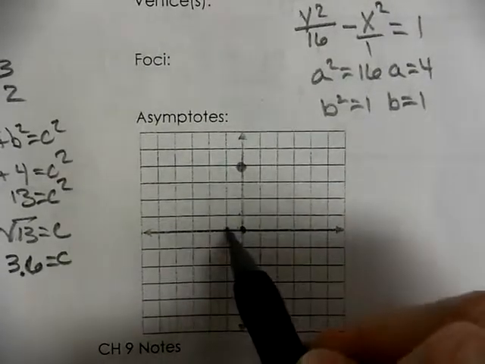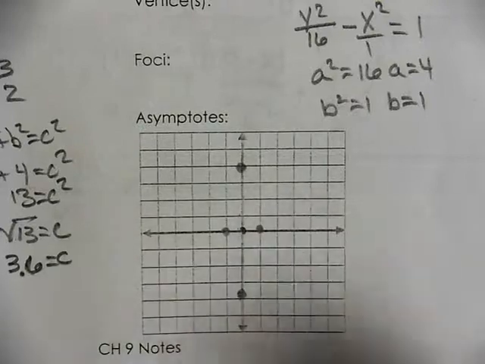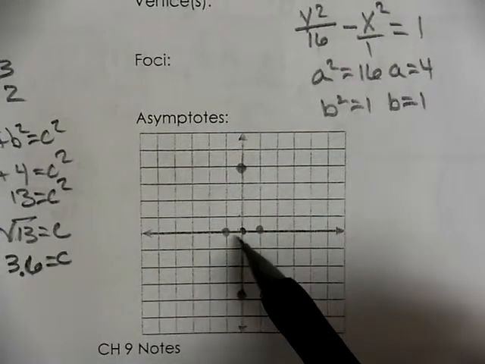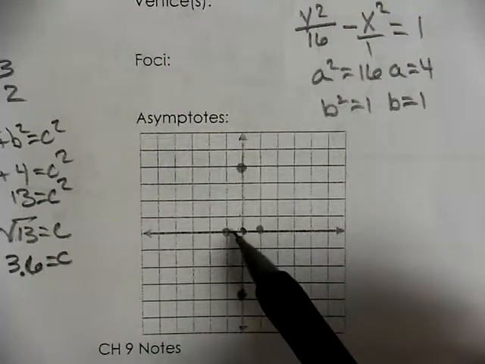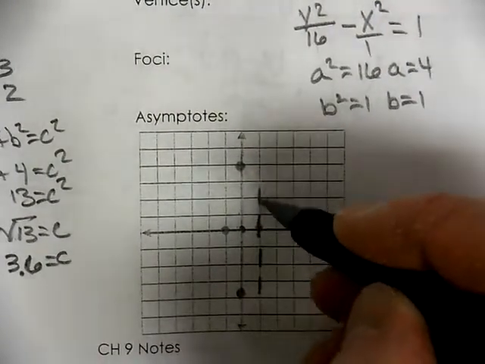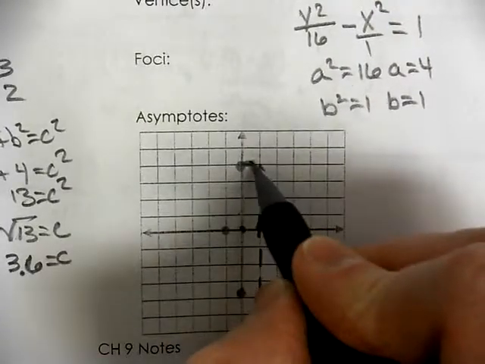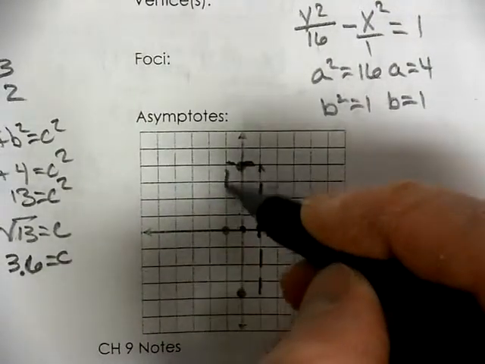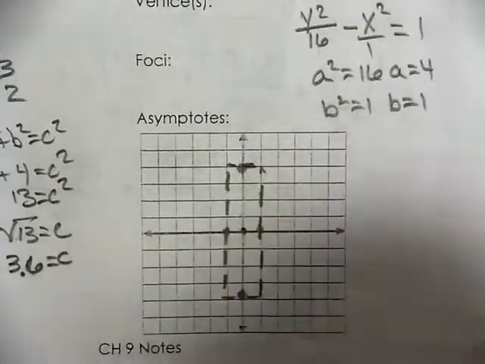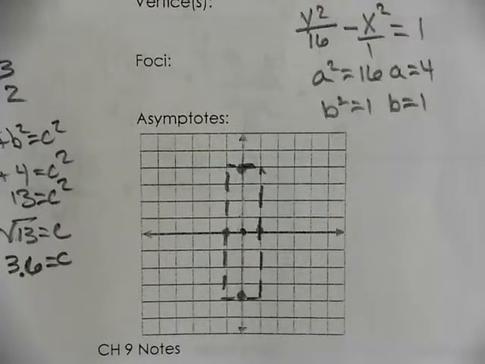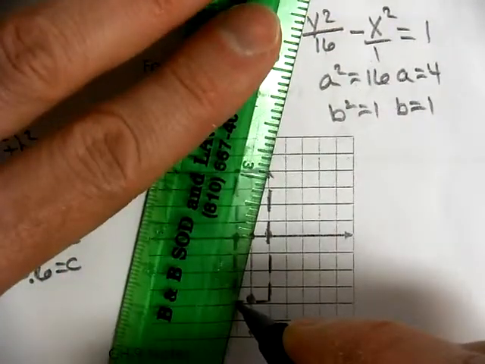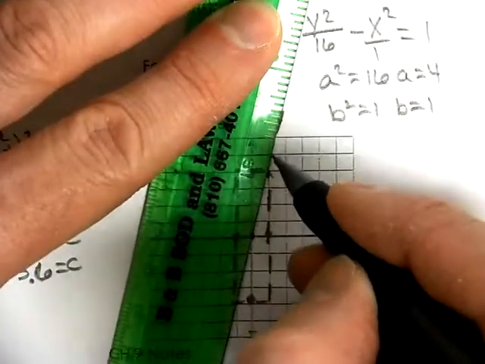The b value is 1. Those aren't considered co-vertices, but we can use that number to help you put a box in here, which then helps you line up where to put your asymptote from vertex to vertex.